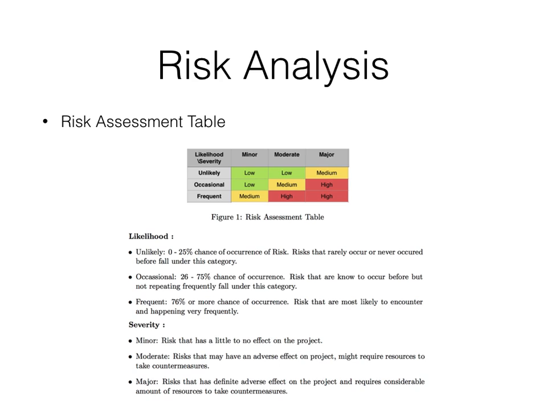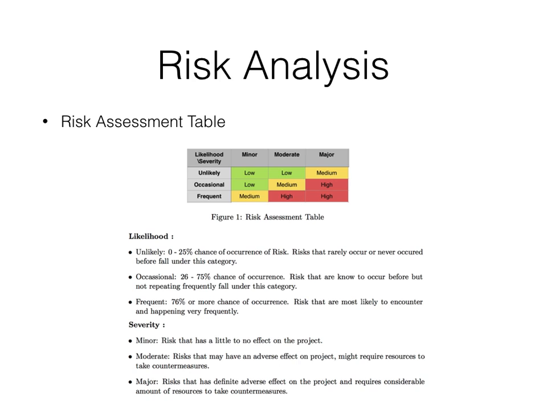So we will put the likelihood on the columns and the severity on the rows, and you can see that based on the likelihood and the severity, we can judge what level of risk we are possessing.